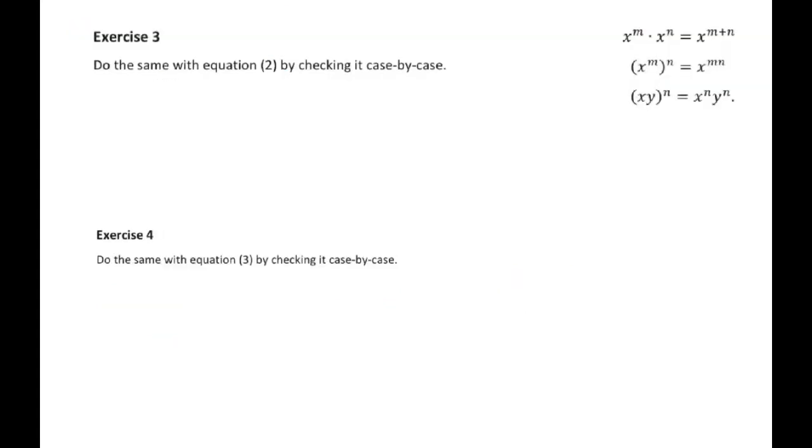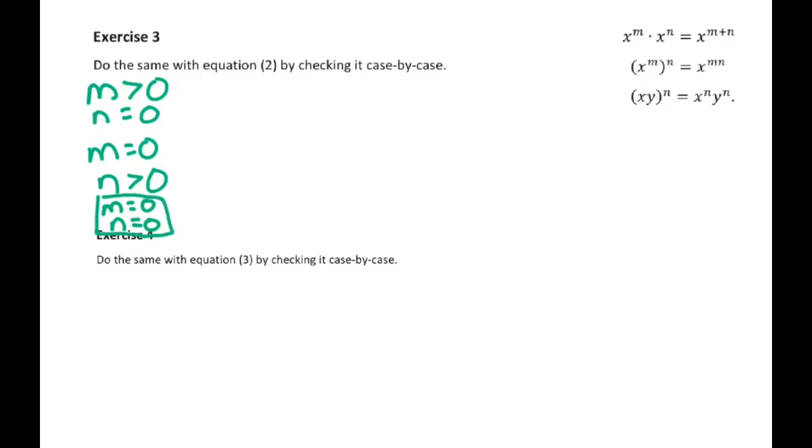So for exercise 3, we're going to check case by case. Again, m is greater than 0, n equal to 0, m equal to 0, n greater than 0, and also m equal to 0, n equal to 0. These 3, how are we going to check these equations?